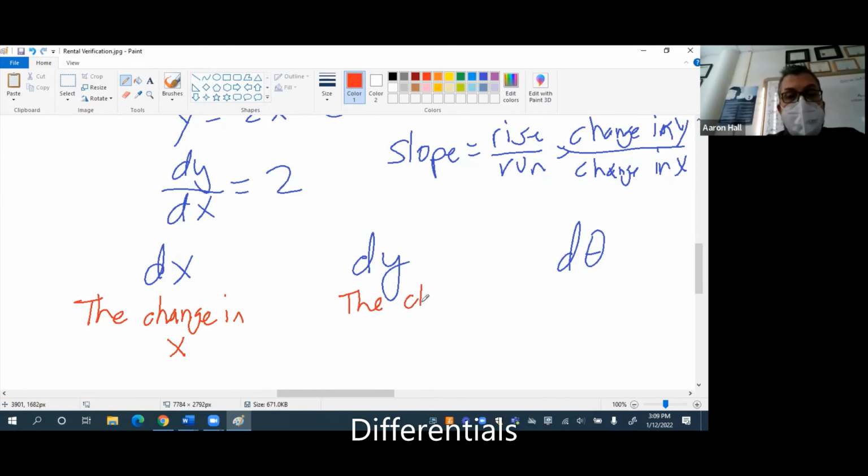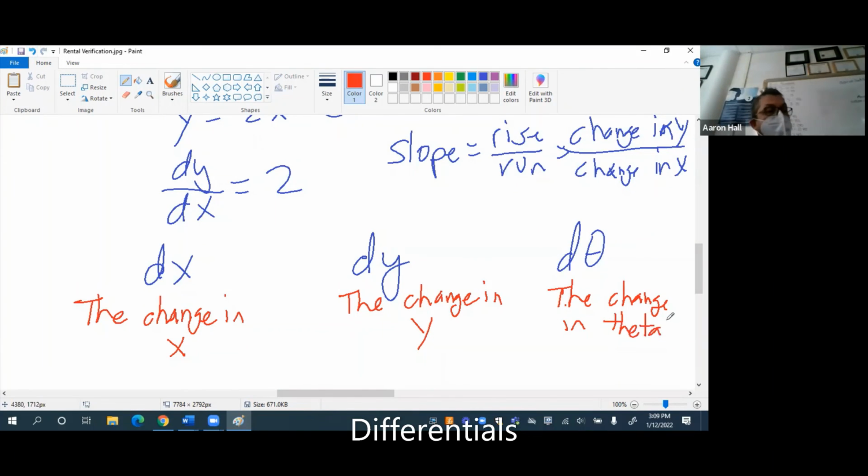Yeah, the change in y. And this one? Yeah, it's the change in theta. I'll write it out, theta. So those are what are called differentials.